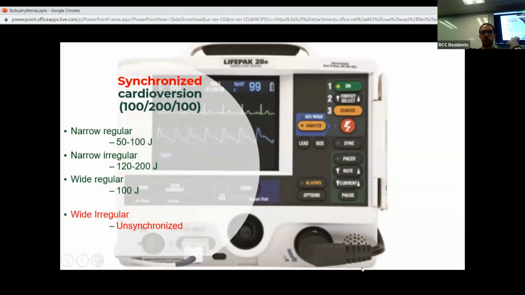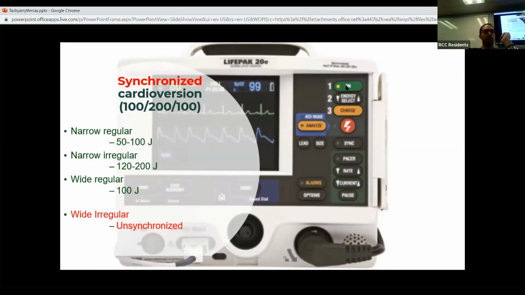And why I have this picture in the background here, because the first time I had to shock someone, I didn't know how to open the door of this machine. So this is the defibrillator, by the way. You have something like a door here that covers it. You open it, so you turn on the machine.